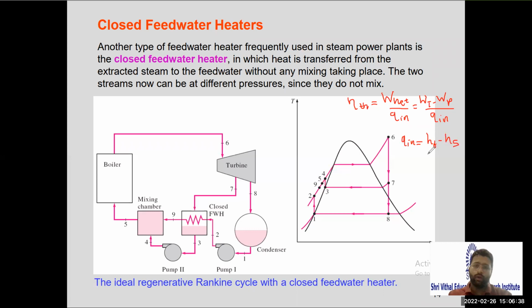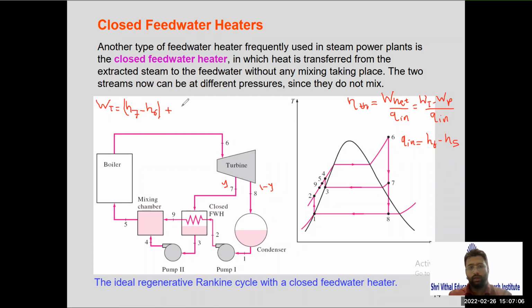Very simple. What will be the turbine work here? Total turbine work will be, let us say y amount of steam is extracted here, and the remaining is 1 minus y. First it will be H6 minus H7, up to where the steam is extracted.